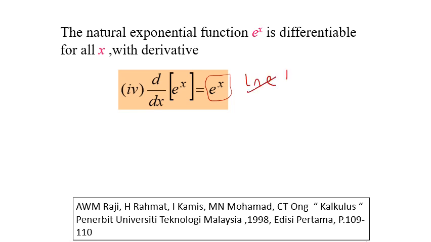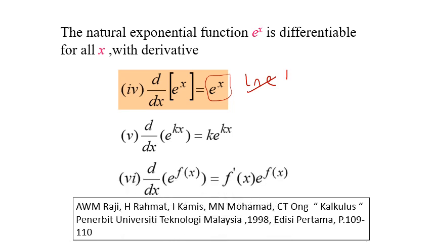So we just copy the exponent. If we have a coefficient, we put it at the front, and if we have a more complicated function, we differentiate the power and put it at the front also.